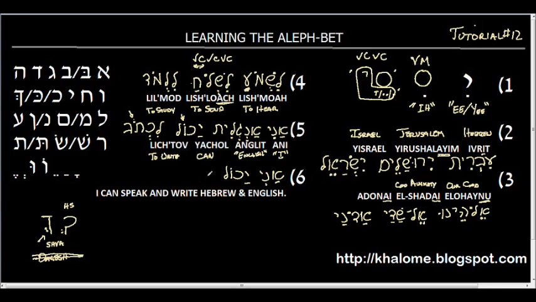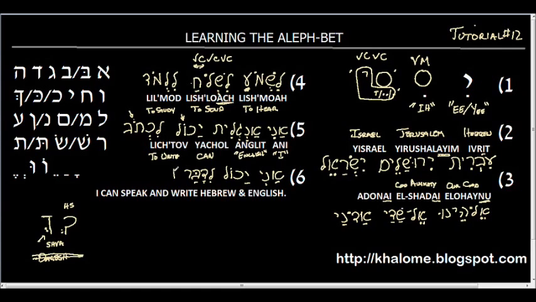Speak, which we're going to use the infinitive of, ledaber. I don't remember the actual vowel markers down below, so I was using kamatz patach. But ledaber means to speak or say, and yeah, we'll stick with that.